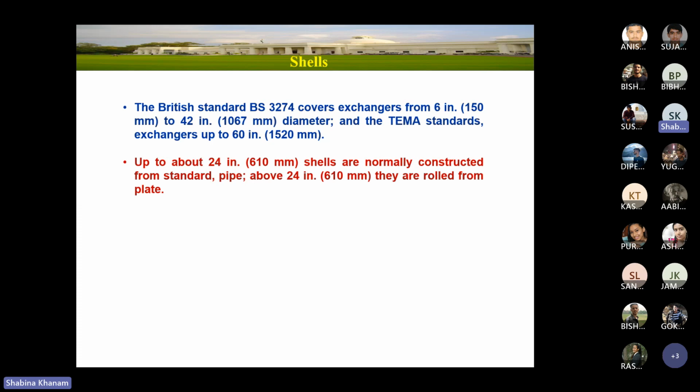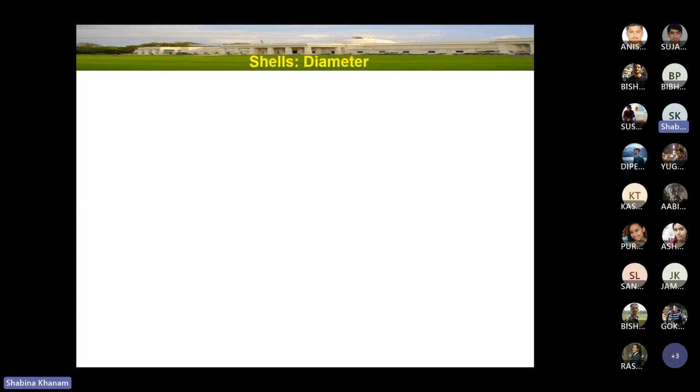So unless it is required, you should not go for the plate type of shell. Always choose pipe if the dimension permits. Okay, so these are the standards which are available to choose the shell diameter. However, we will calculate what diameter will be required for the shell.